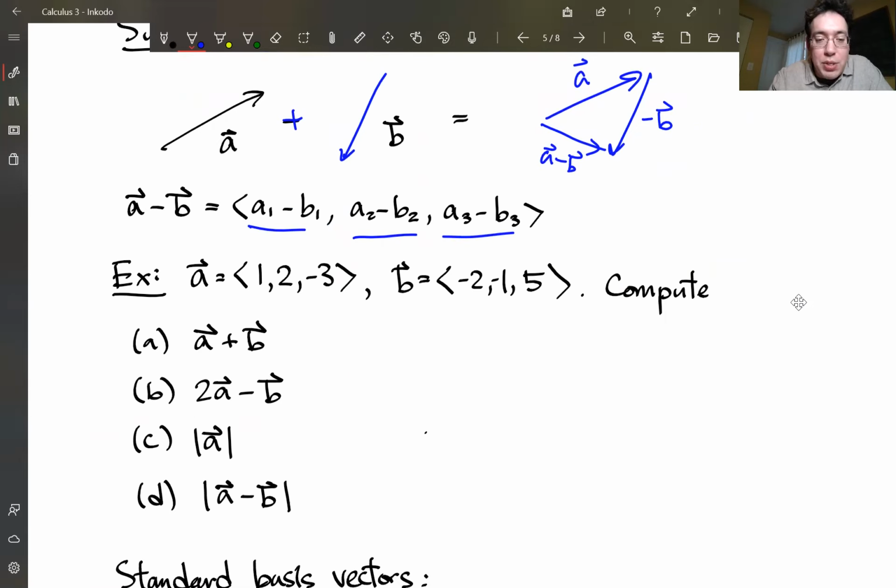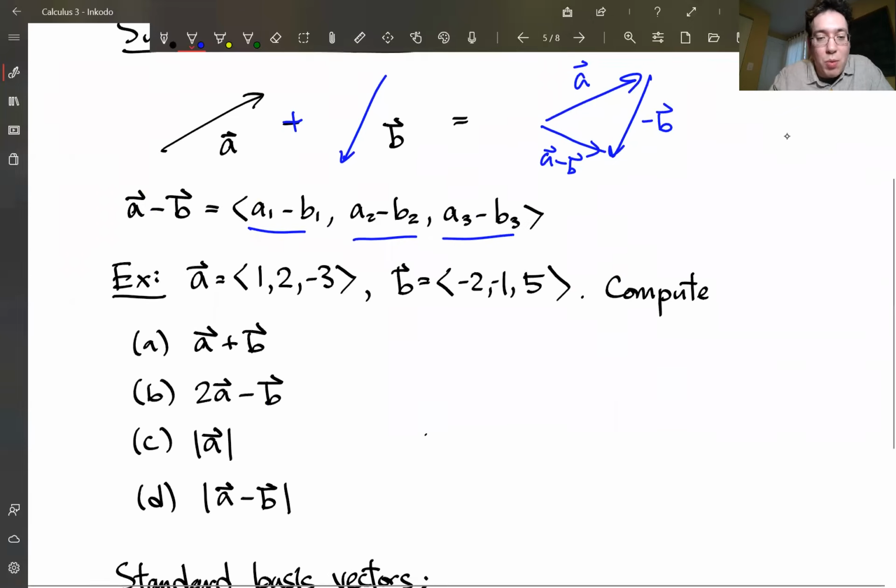Okay, so what I want you to do is pause this video and do some arithmetic with these vectors. So I've given you two 3-dimensional vectors A and B. I want you to compute the following 4 things. Okay.